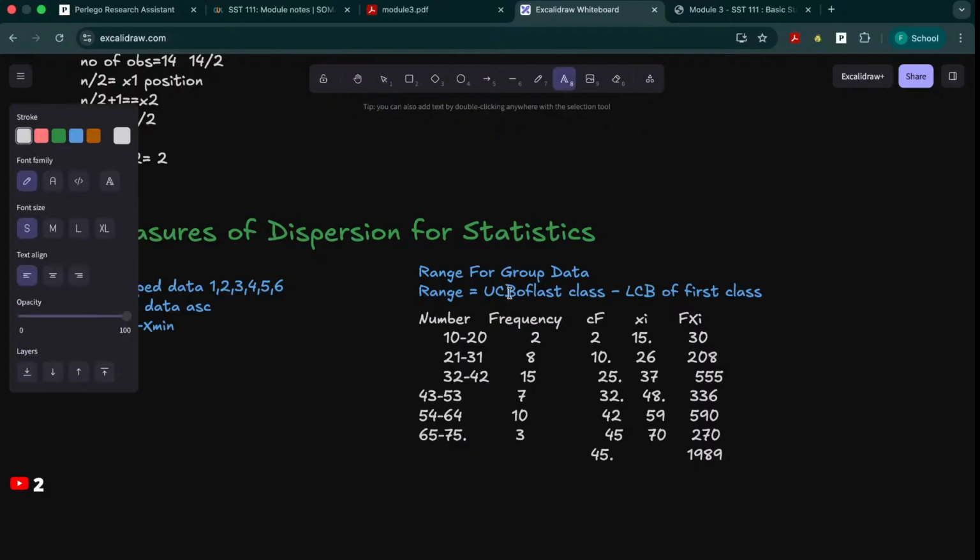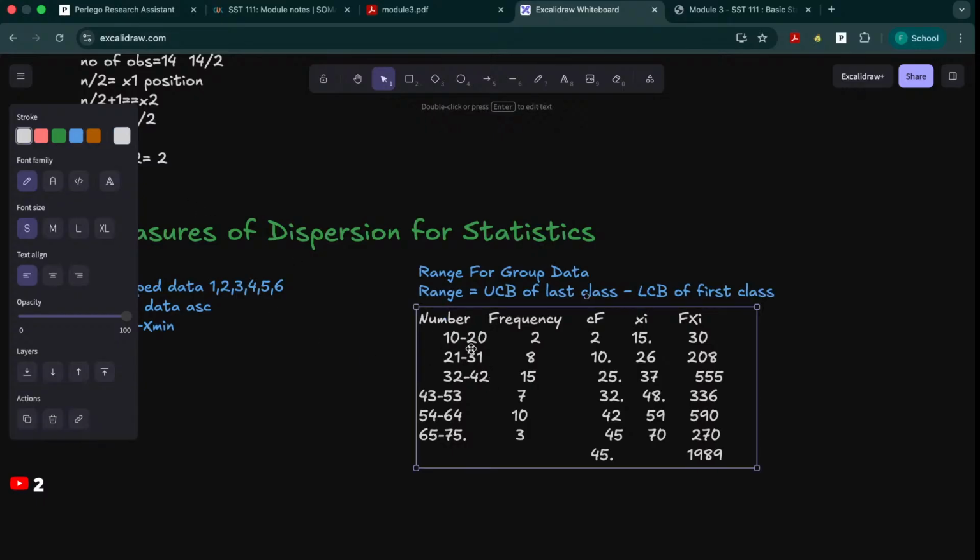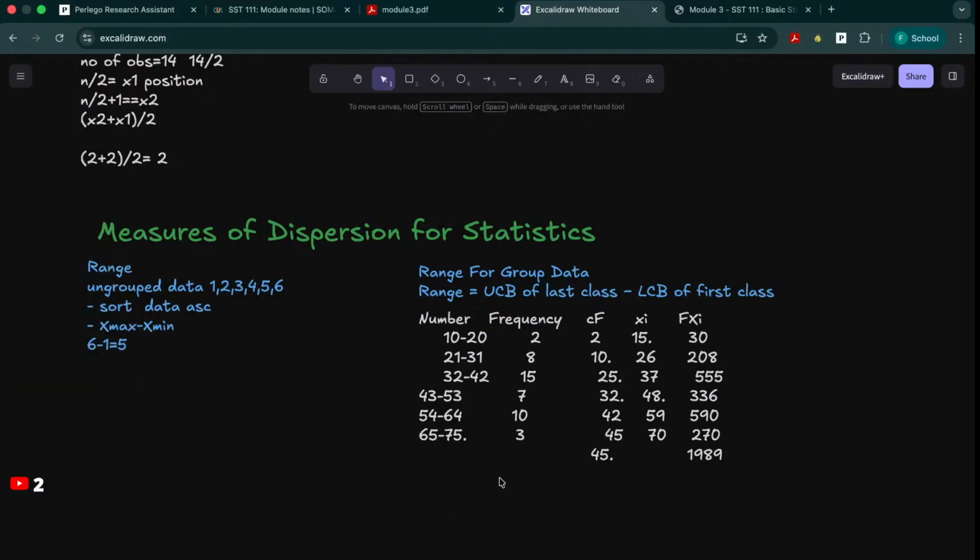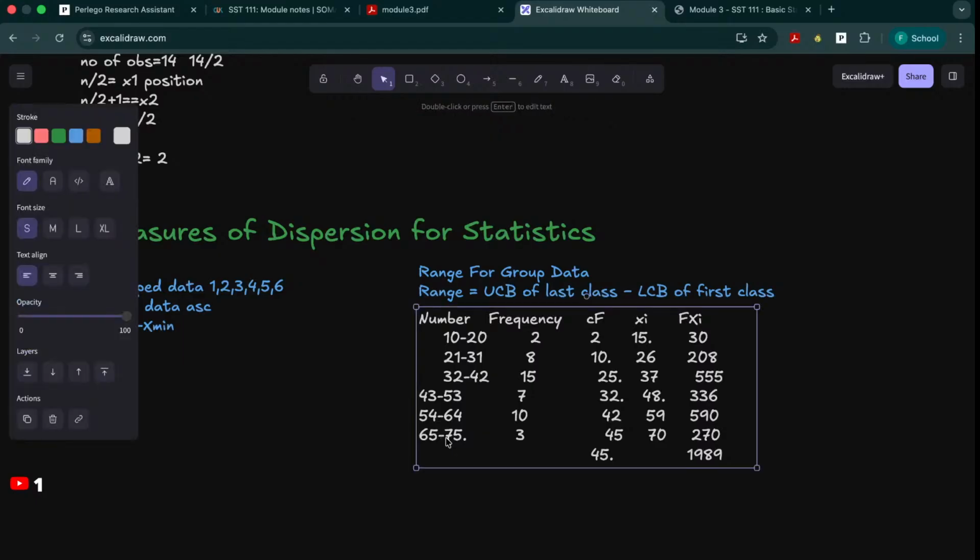We use this formula, and UCB means upper class boundary. So these are our classes which are here. When you are told upper class boundary, you are supposed to go to the last class, this class.